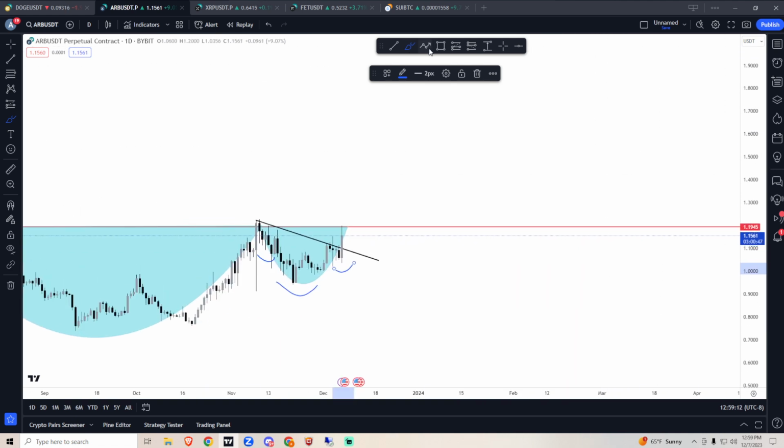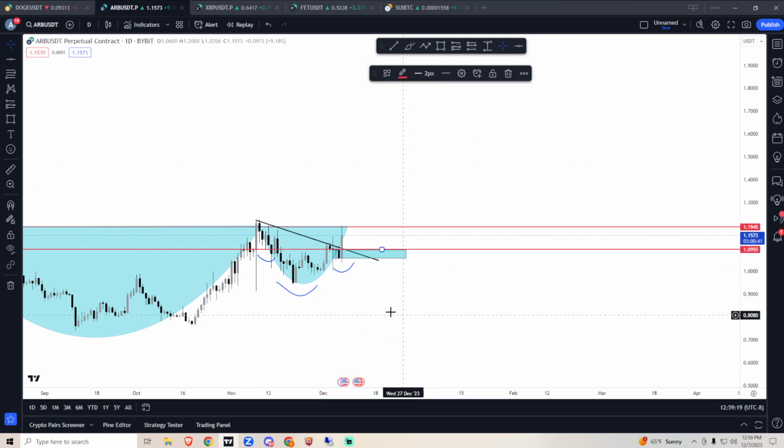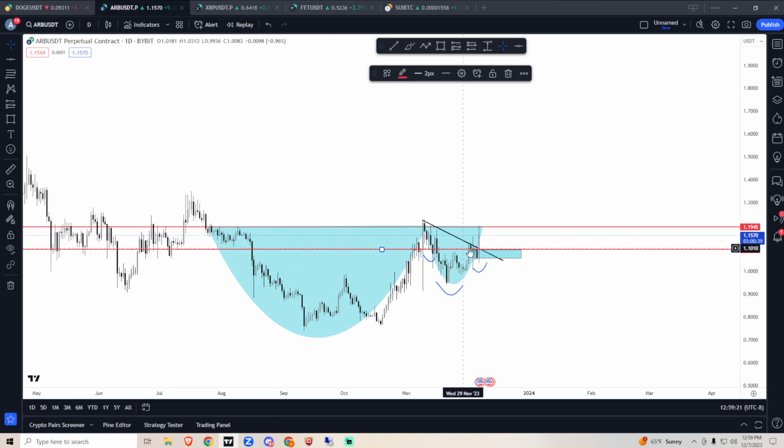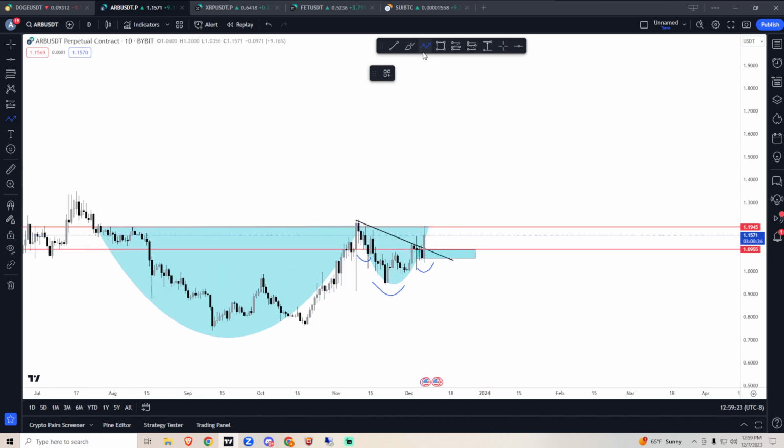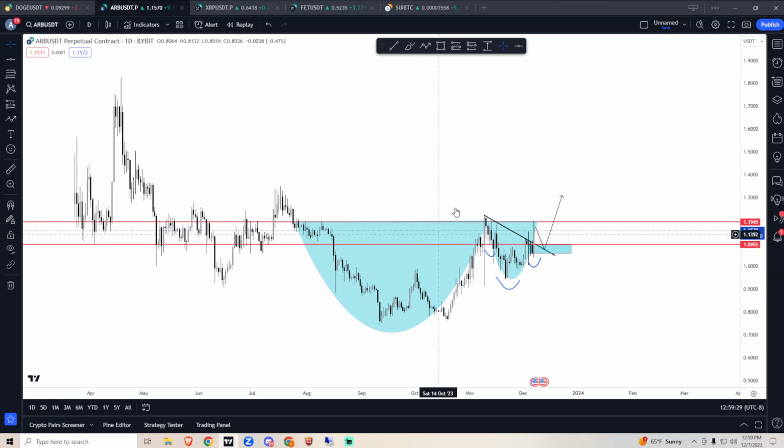So I'd be looking to play this order block, right, which is in confluence with the SR point, right? Also a retest of the breakout. If that doesn't happen, you're waiting for the flip of the neckline.